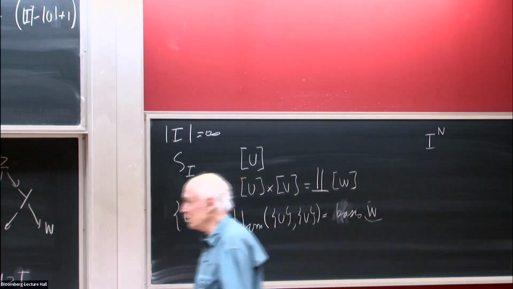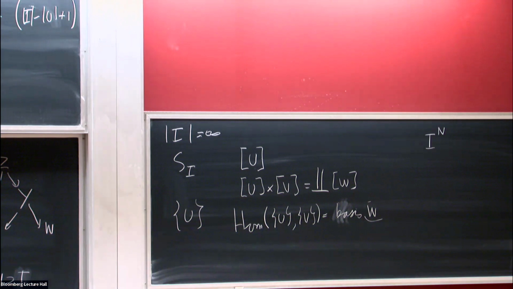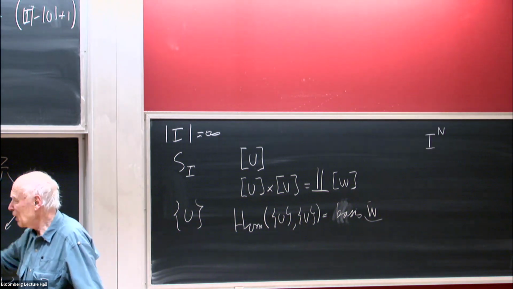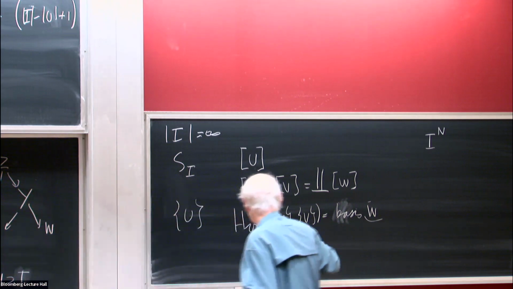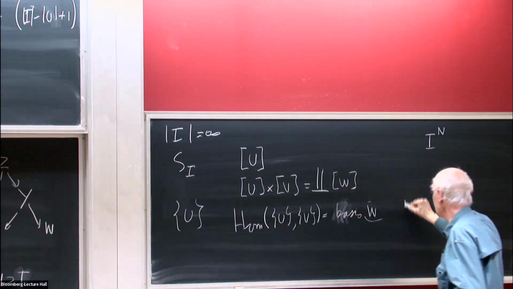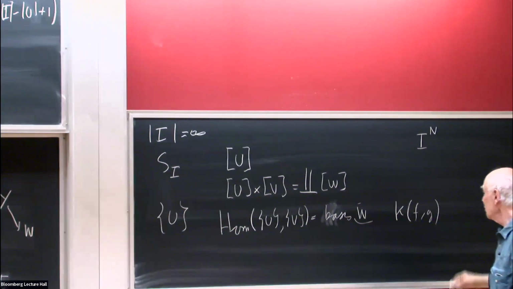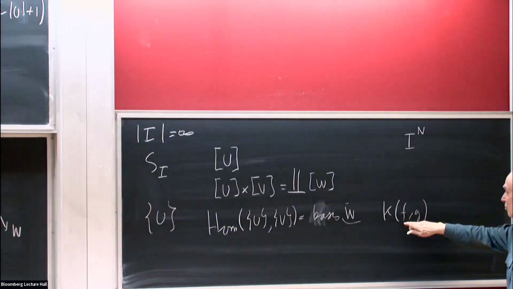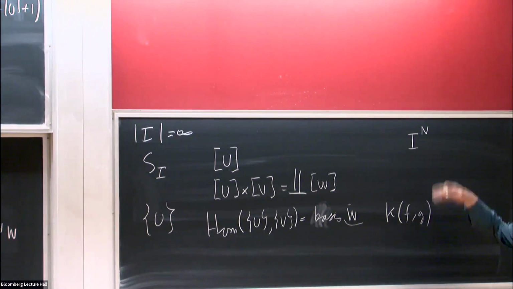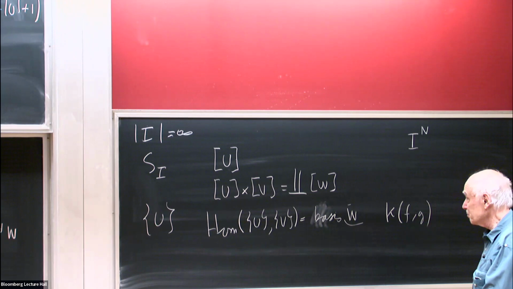Now you have the same problem as before, to tell what is the Hom group. You think morally of this Hom group as being given by a kernel K(f,g) as before, where the value of K(f,g) depends only on the orbit in which (f,g) lives.